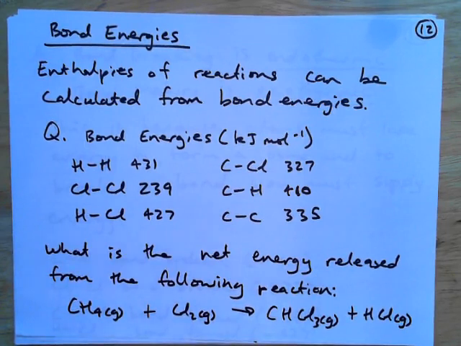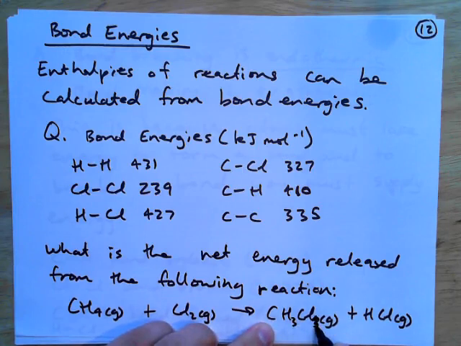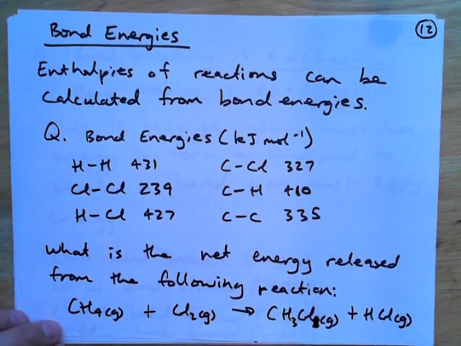This should be CH3Cl. Okay, so in order for it to balance, we've removed one of the hydrogens to give the HCl, and we split up this chlorine-chlorine bond, and one of the chlorines has gone with this carbon. So it would be a central carbon surrounded by 1, 2, 3 hydrogens, and then a chlorine bound off the central carbon as well.